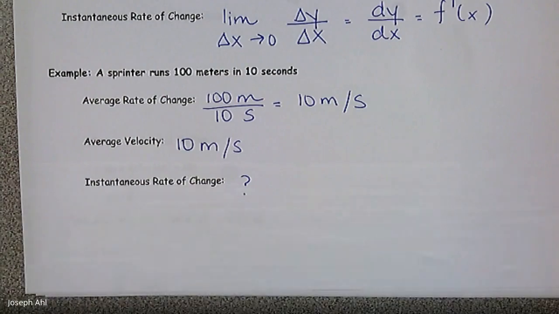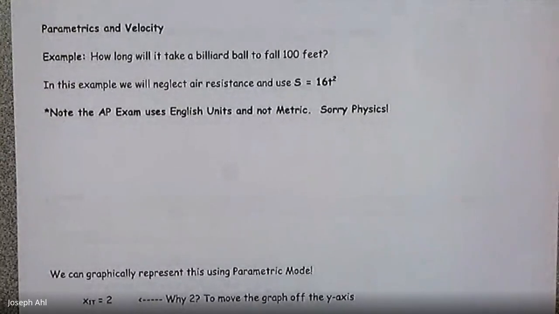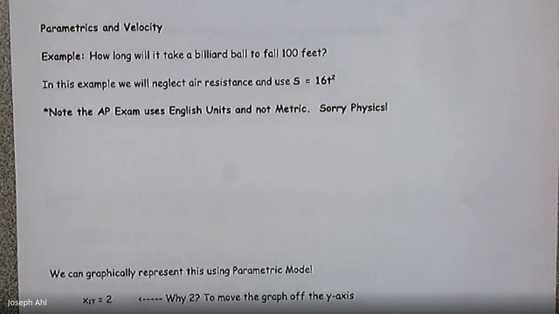All right, so if we're okay with average rate of change and getting into instantaneous rate of change, on the next page we have an application that we'll model together. The example says, how long will it take a billiard ball to fall 100 feet?